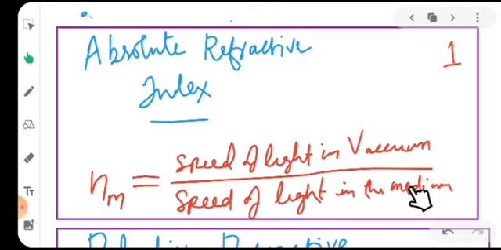So that is how you define the absolute refractive index of the material. Suppose you are asked to find the refractive index of water, or if you say the refractive index of water is 1.33, this implies it is its absolute refractive index, the refractive index relative to the vacuum.